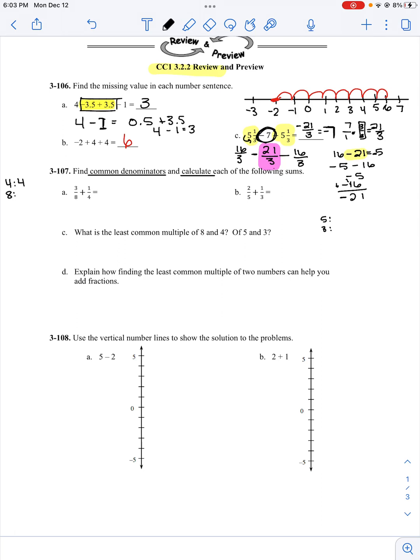Okay, 4 and 8. I'm going to count by 4s first. 4, 8, 12, 16, 20, 24. 8, 16, 24, 32. Well, my first one that's common happens to be 8. So my common denominator for this fraction is going to be 8.